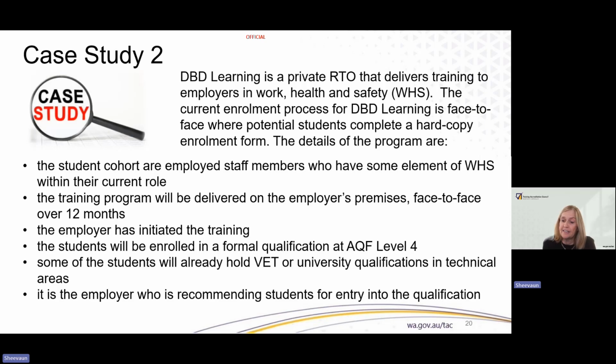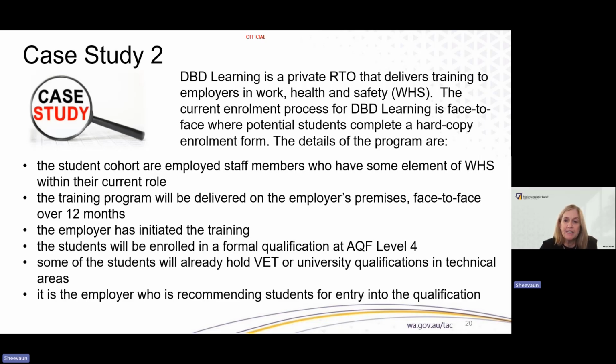So again, in terms of reviewing skills and competencies, that's really useful to know because they've already got formal qualifications. And it's the employer who's recommending students for entry into this qualification, so it's the employer who's basically putting up the students. Now that scenario is quite typical of what might happen, particularly for RTOs that deliver this kind of training. Okay, so that's the background to the case study.